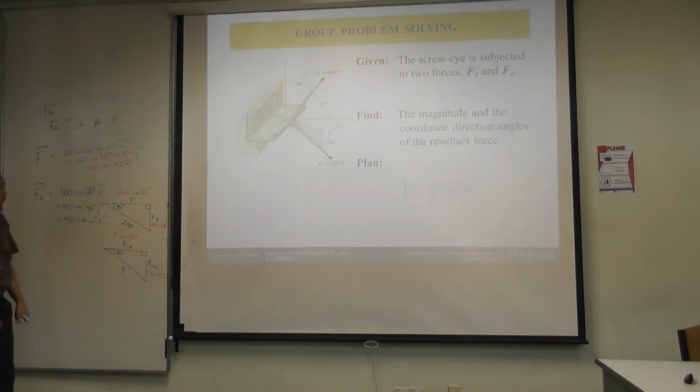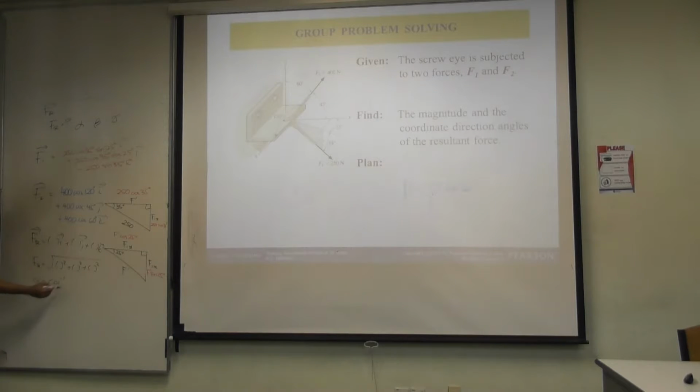If you have this one, can you get FR the vector? Basically, you just add the i plus j plus k, the x component, y component, z component, right? How to get the magnitude? Square root of the sum of squares. How do you get the alpha?